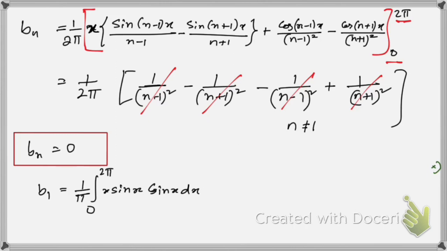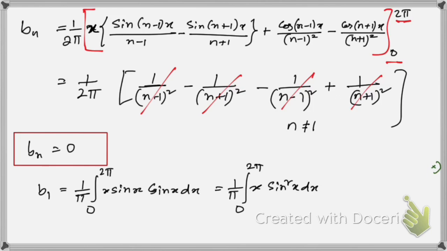Before going to the next slide, here you see we will get 1 by pi, integral from 0 to 2 pi, x times sin x times sin x, which gives sin square x dx. Let me copy this step first.